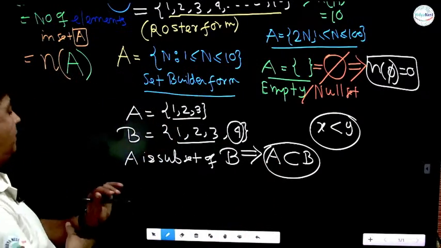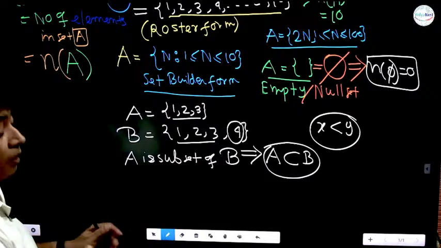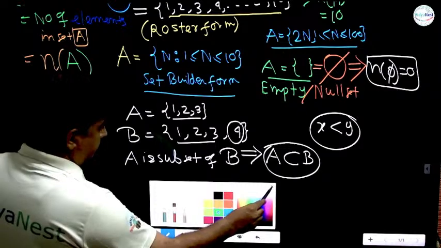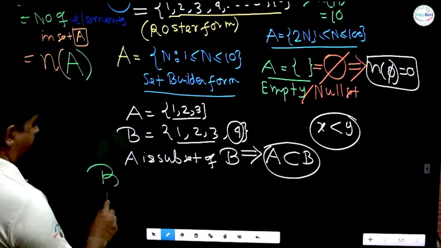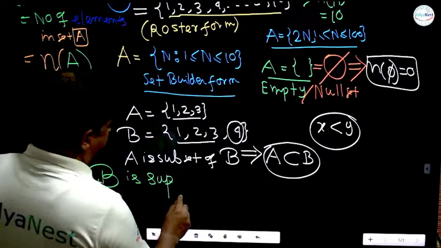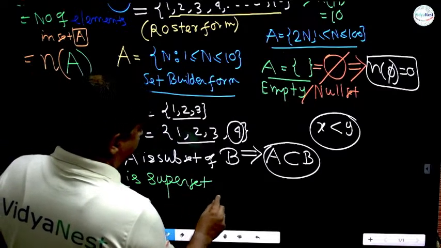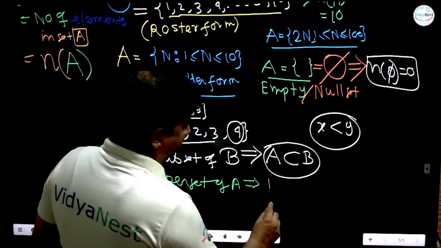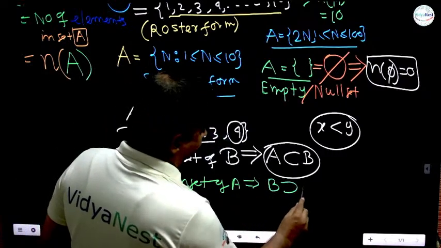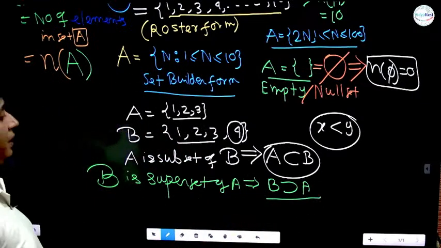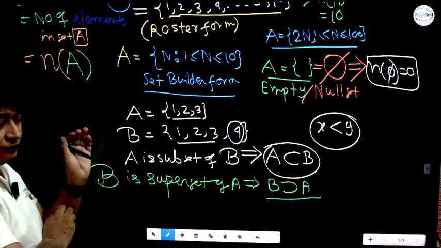A is the subset of B. Or in another way you can write B is a superset of A. How to write that? How to symbolize? B is a superset of A. Understand? Yes, sir.